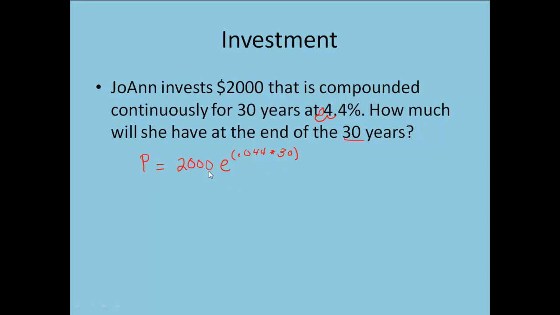When I multiply that out, you have to do this piece first, because you have to follow your order of operations, and exponents come before multiply. So when I multiply this all out, I end up getting 7,486.84. So she'd have $7,486 in her account if this were to happen, and that's when it's compounded continuously.